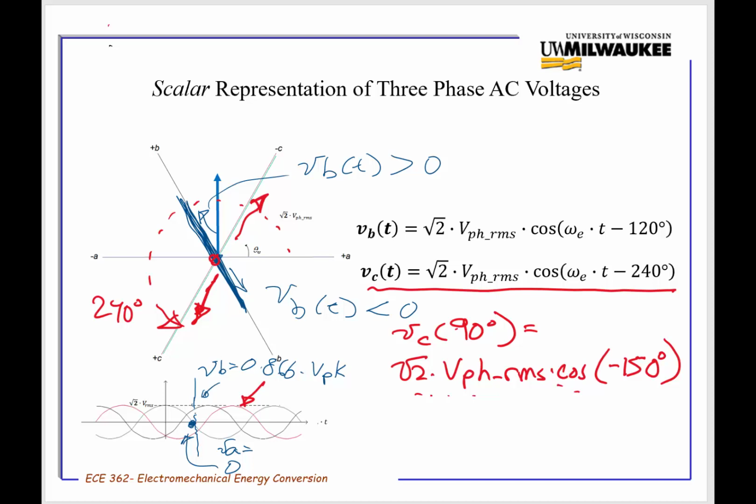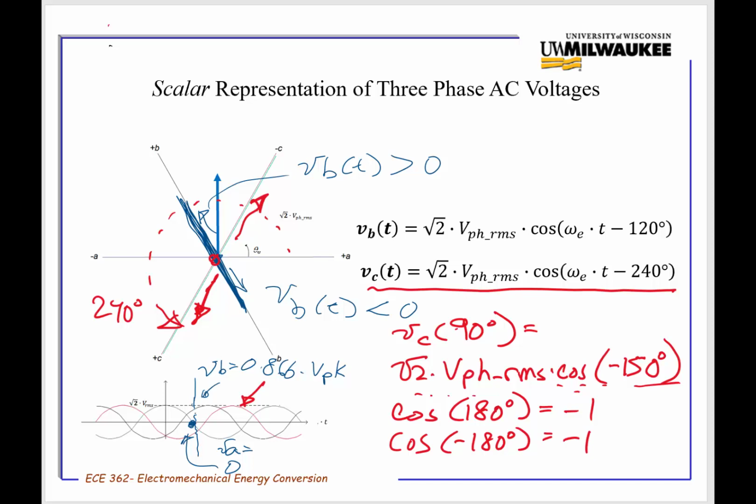Here's the point I want to make, just a little bit of trig to remind you. Cosine of 180 is equal to negative 1. Cosine of negative 180 degrees is also equal to negative 1.